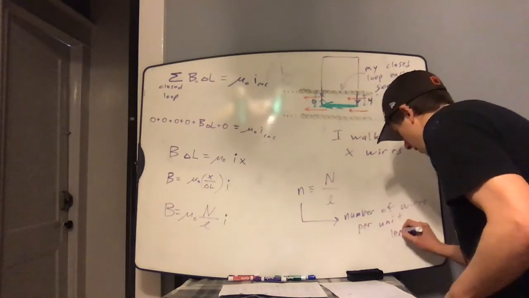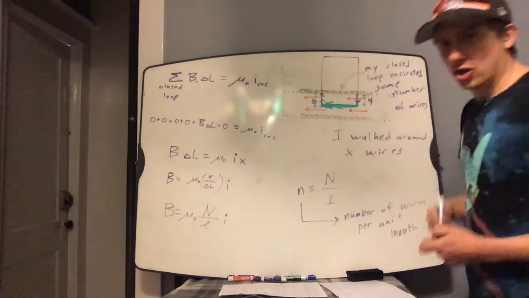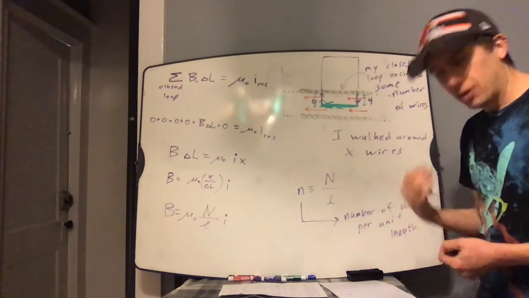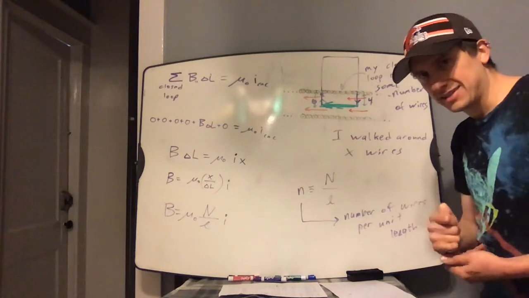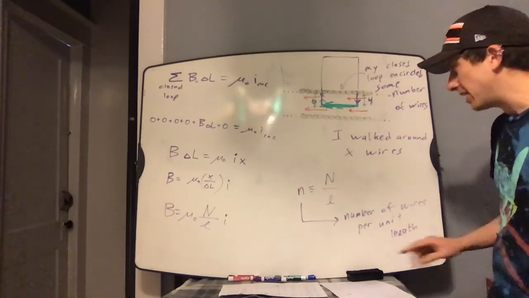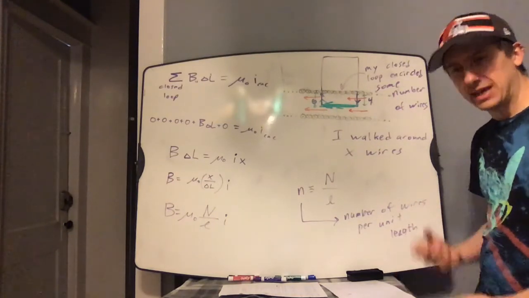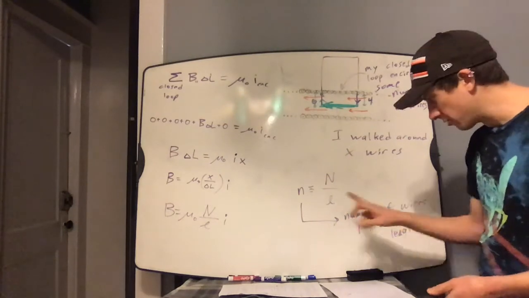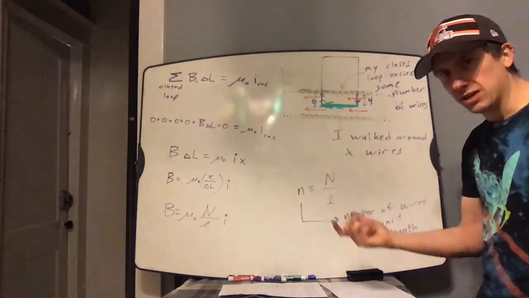Unit length is basically the unit of distance in SI, 1 meter. So how many wires would we have if our solenoid were 1 meter? That's basically going to be little n.